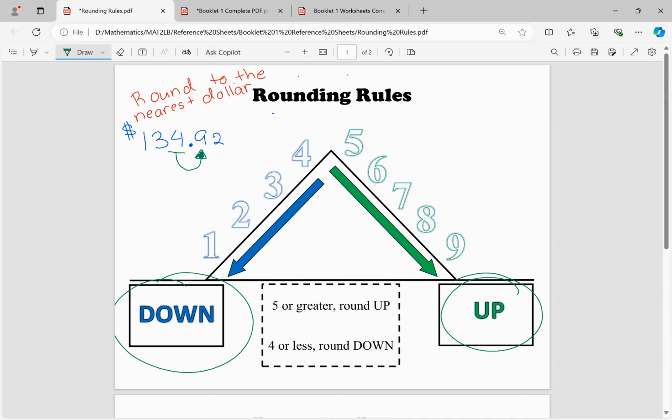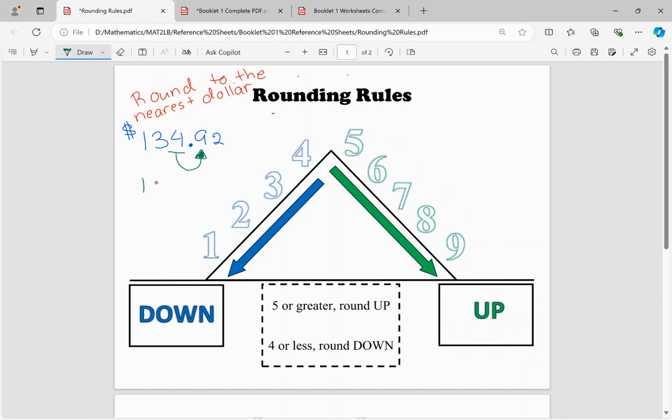Now we say that if the number after the 4 is a 5, a 6, a 7, an 8, or a 9, then we're going to round up. If the number after the 4 was a 4, a 3, a 2, or a 1, then we would round down. Now, because this number is a 9, we're going to be rounding up. And what that means is that the 4 itself is going to go up to a 5.